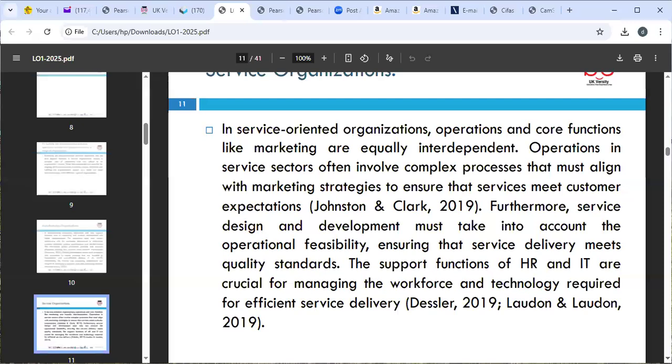It may be a bank, it may be a technology organization and all that. And it is very important that you have core functions that work both with the HR and the IT, the human capacity. When we say HR, we are referring to the human capacity, that they have the right skills to be able to meet the product expectation and product design.